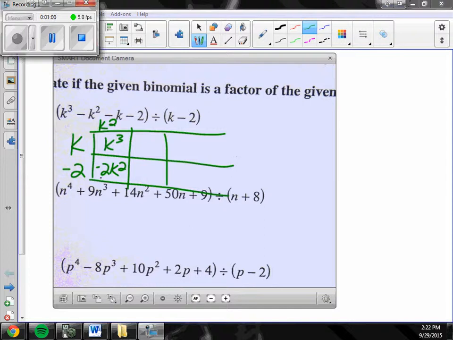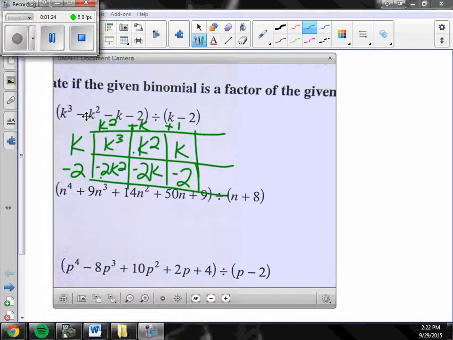Negative 2 plus what is negative 1? 1k squared, so just k squared. And this would be plus k, and this would be negative 2k. And then negative 2k plus what is negative k? K again. So k, so this would be plus 1, and this would be negative 2.